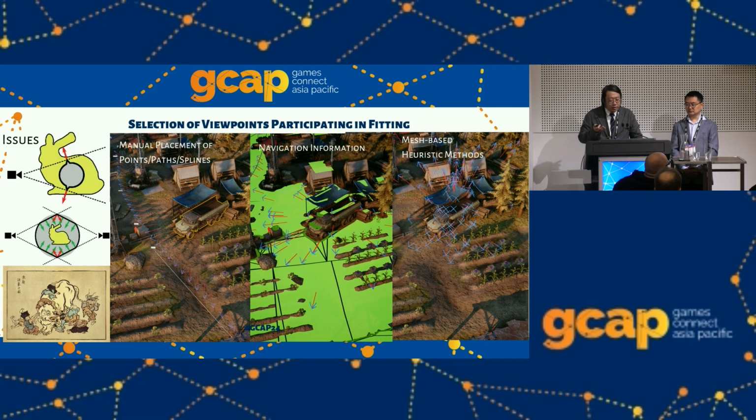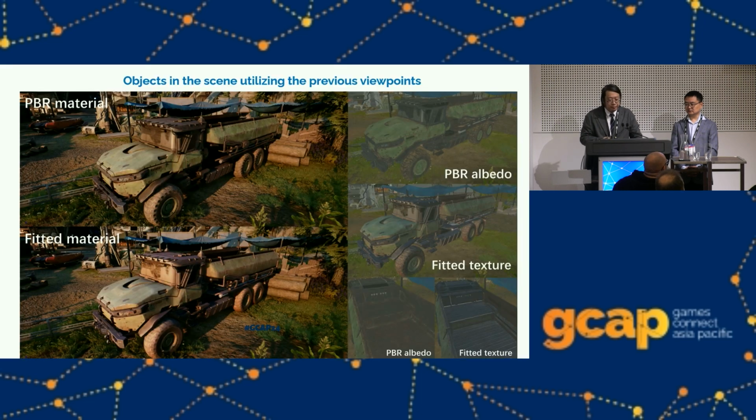We categorize the sources of cameras into 3 types: viewpoints generated from manually placed information like points, paths, and splines; viewpoints generated based on navigation meshes; and viewpoints generated based on mesh information. Based on these generated cameras, we fitted the current track asset.